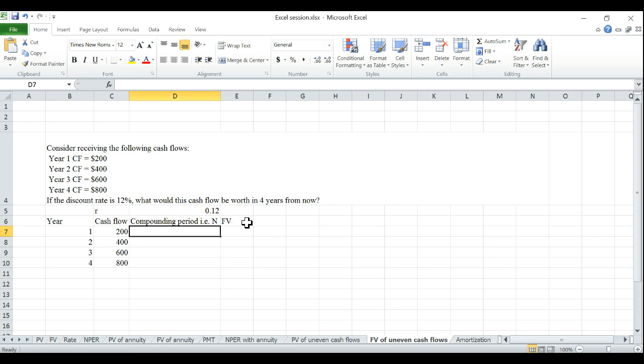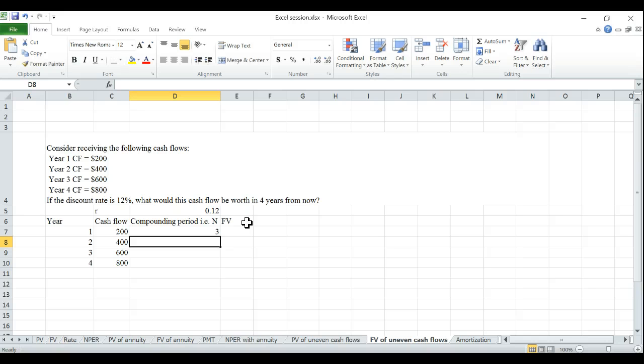So here first, this is the extra column that we needed compared to the present value that we saw. What we are saying is the first cash flow that will come in period 1 has to be compounded for 3 periods, right? From 1 we are taking it to 4. So we need to compound it 3 times.